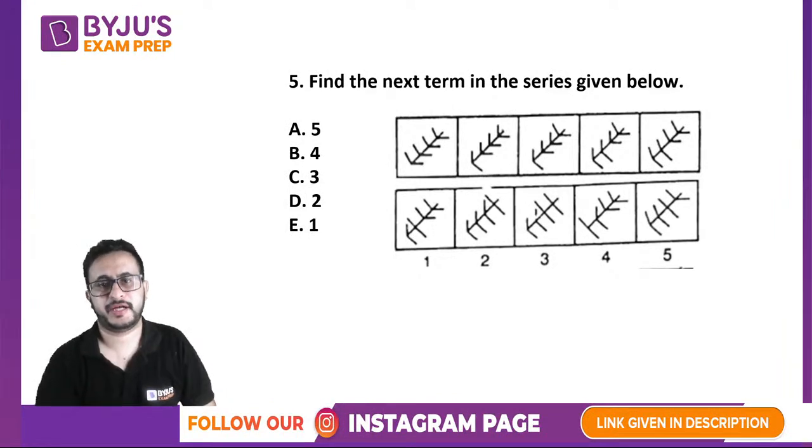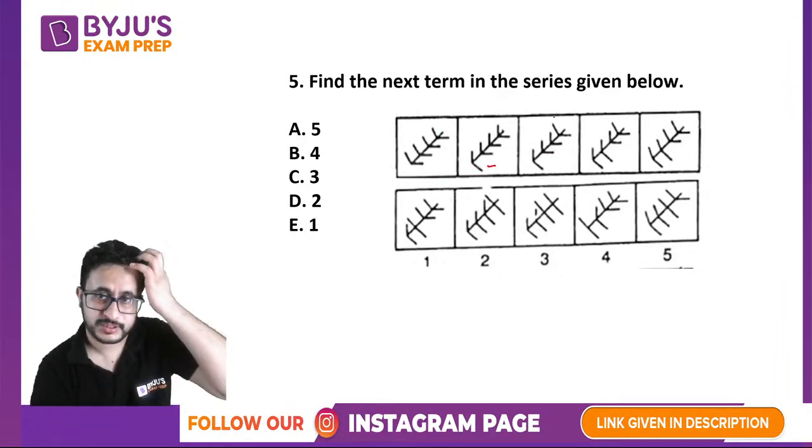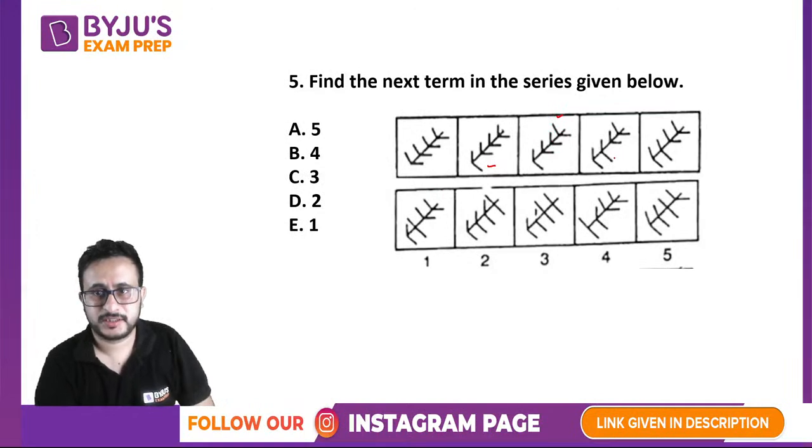So there are four hands on the upper side, four hands on the lower side. In this, one is getting changed. In the first image, this is being changed, and then this was already changed, so a new change, then one new change.